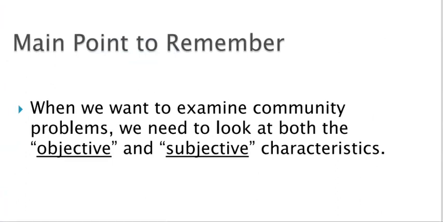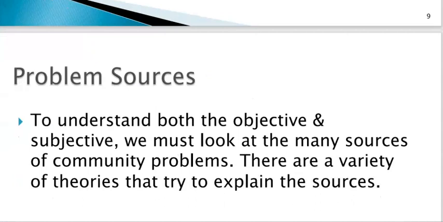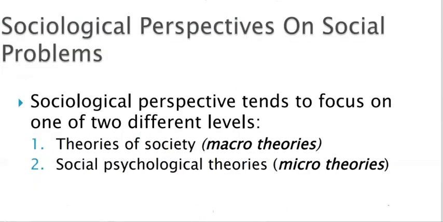So our main point to remember is when we want to examine community problems, we need to look at both the objective and subjective characteristics. Problem sources. To understand both those characteristics, we must look at the many sources of community problems. There are a variety of theories that try to explain those sources.